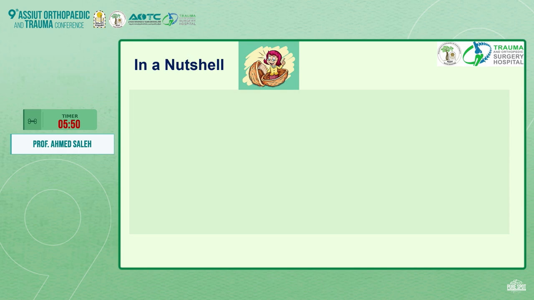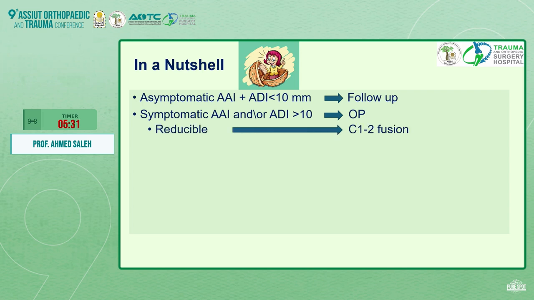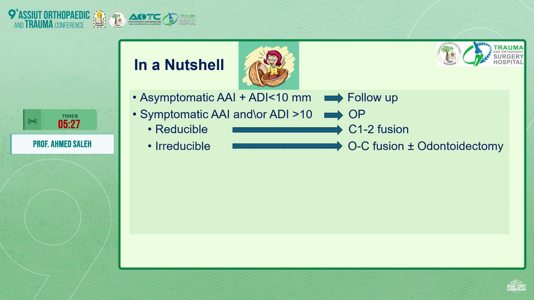And in a nutshell, asymptomatic cases with atlantoaxial dislocation and atlantodental interval less than 10 millimeters: follow-up. For symptomatic cases and atlantodental interval more than 10 millimeters, we should operate posteriorly for C1-2 in reduced cases, and anterior transoral odontoidectomy, which may also extend the fusion to the occiput, for non-reduced cases.